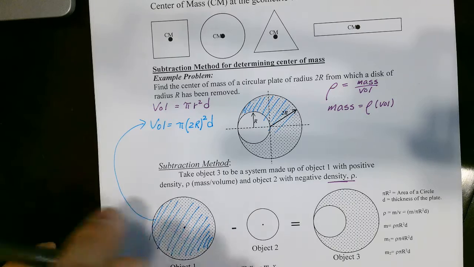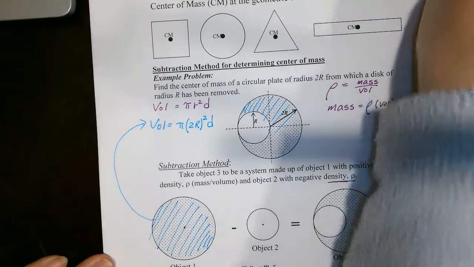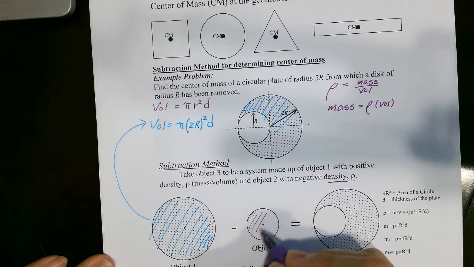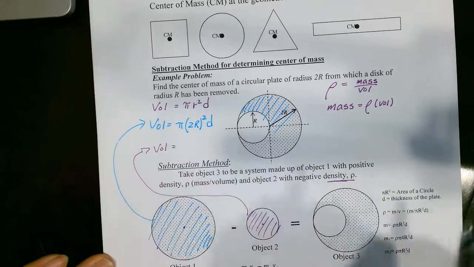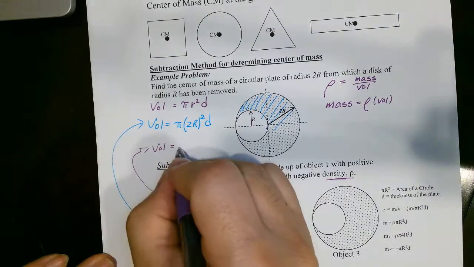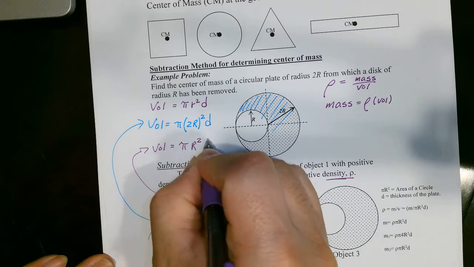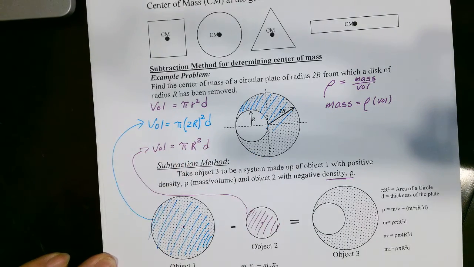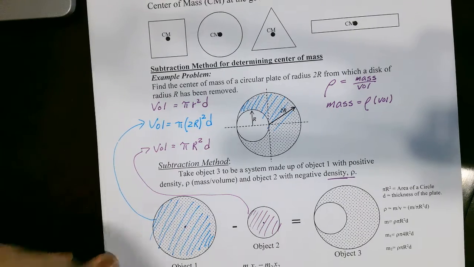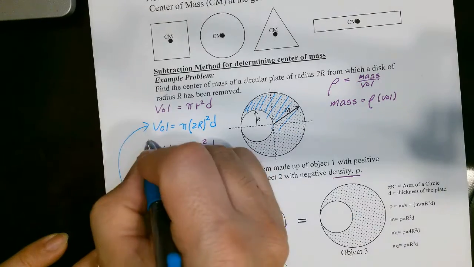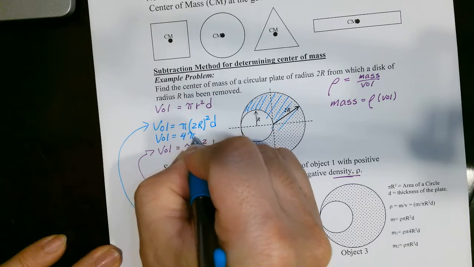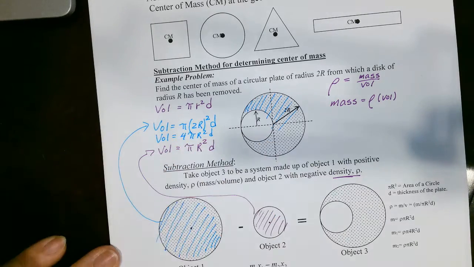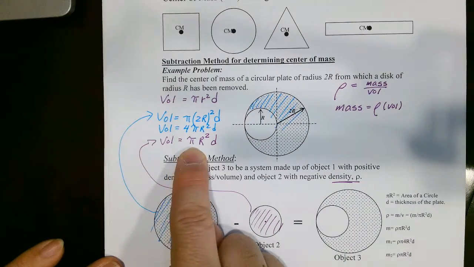Now for the hole, here, this is the hole. The volume for the hole happens to be pi r squared d. So if we were to solve for the volume of the solid, our volume for the solid becomes 4 pi r squared d, and the volume for the hole is just pi r squared d.